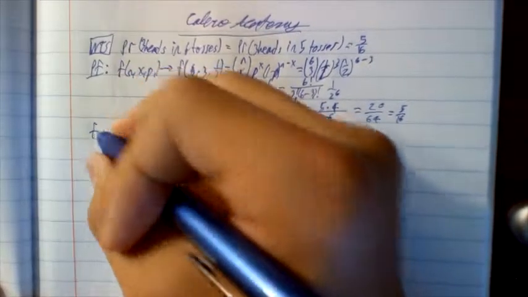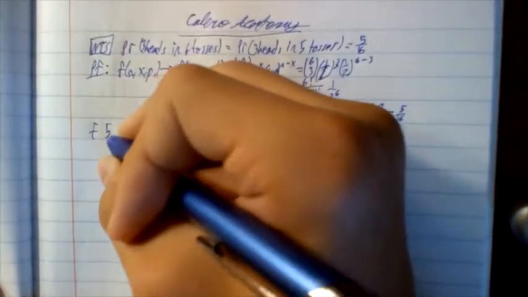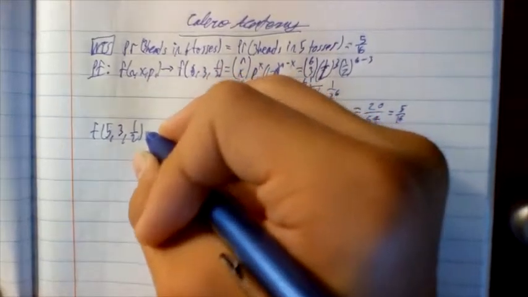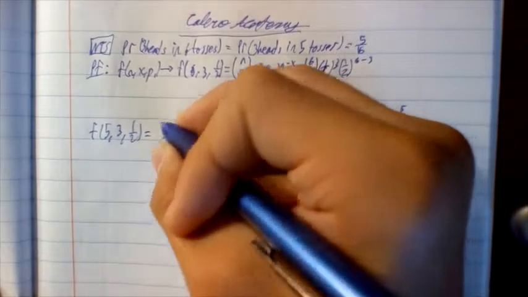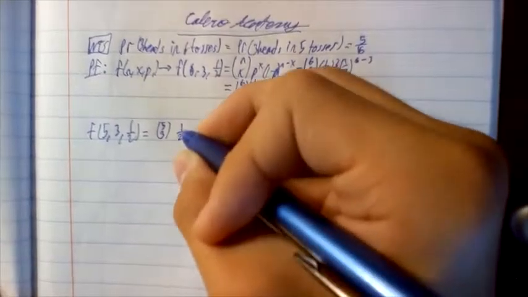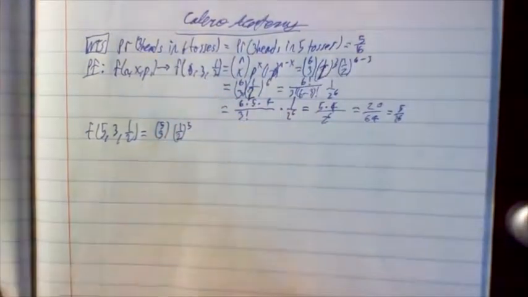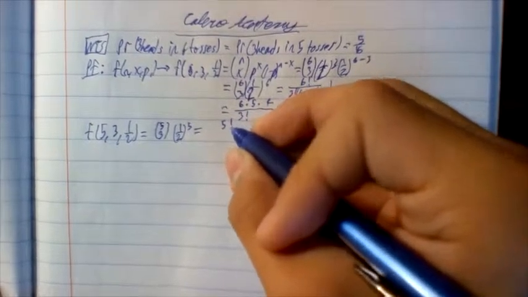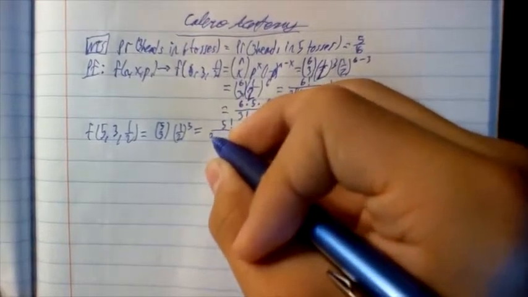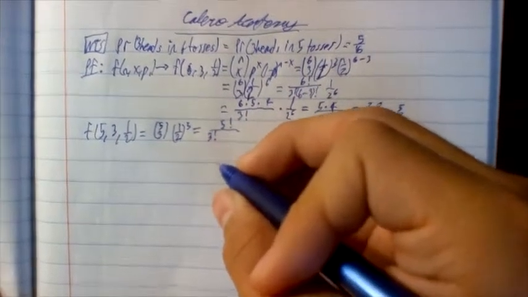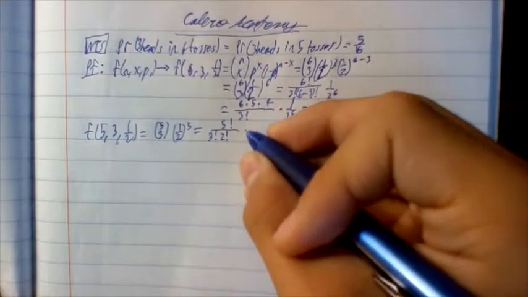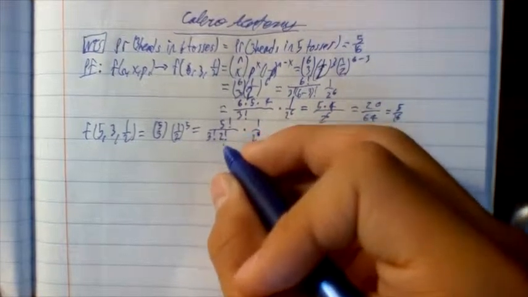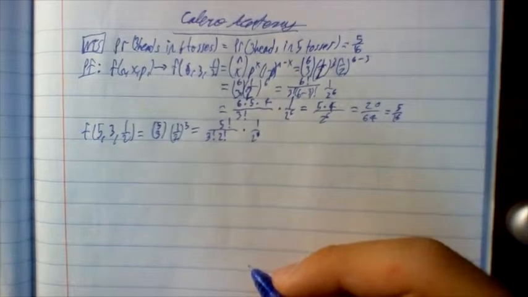So our binomial function says it's f of 5, 3, and 1/2, which is plugging in 5 choose 3 times 1/2 to the power of 5. Okay, expanding our 5 choose 3 is going to be 5 factorial on 3 factorial times 5 minus 3 factorial, which is 2 factorial, times 1 on 2 to the power of 5. 3 factorial gets rid of, in the 5 factorial, 3 times 2.